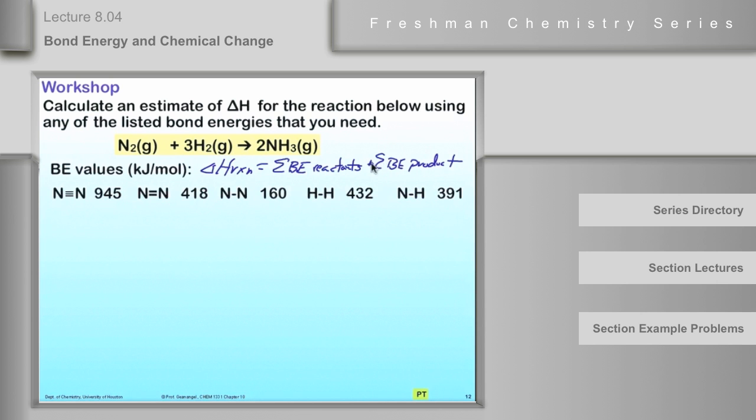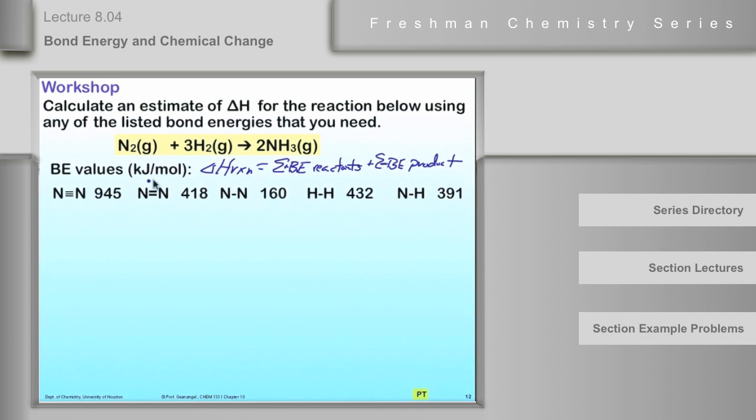And the product bonds are formed, so this is really a negative sign in front of any bonds that are formed and a positive sign in front of any bonds that are broken. Energy in to break the bond, energy out when you form the bond.